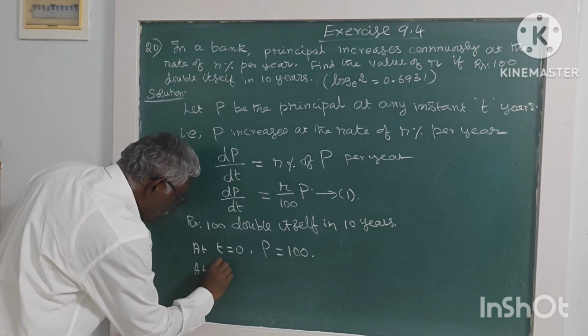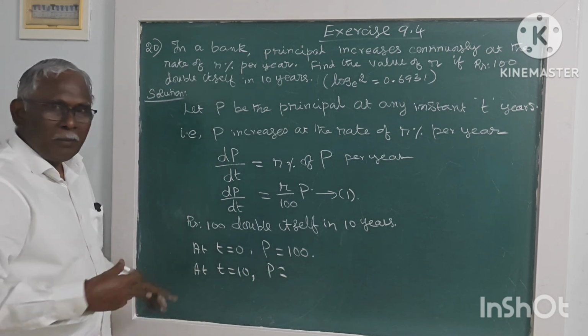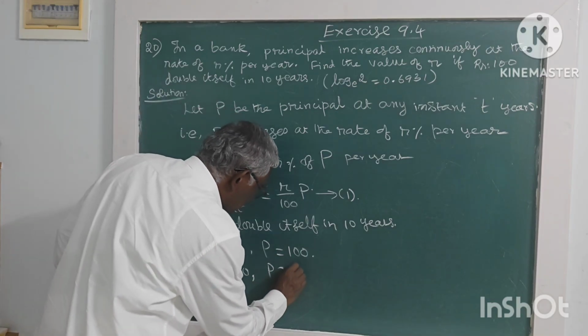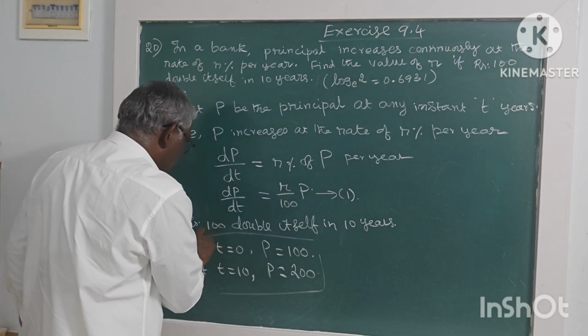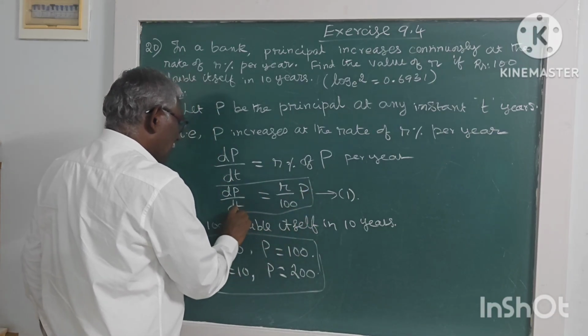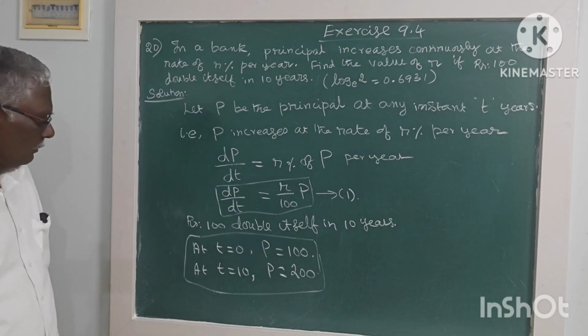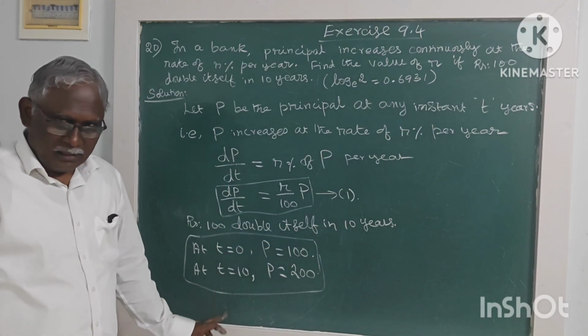At t is equal to 10, p becomes 200. So these two are the conditions. So this is the differential equation. So from this statement, we are writing these two conditions.